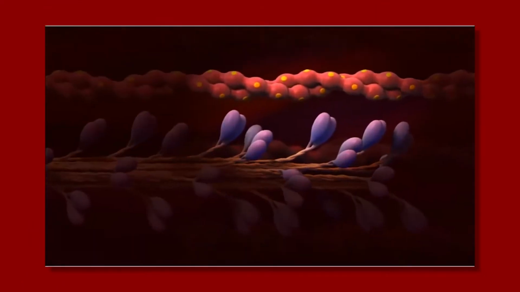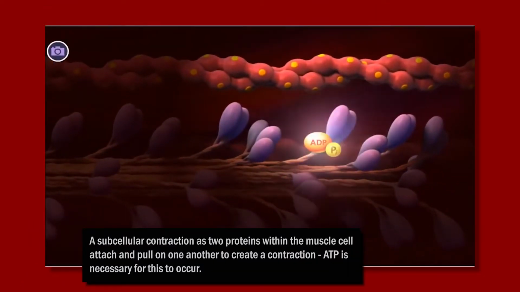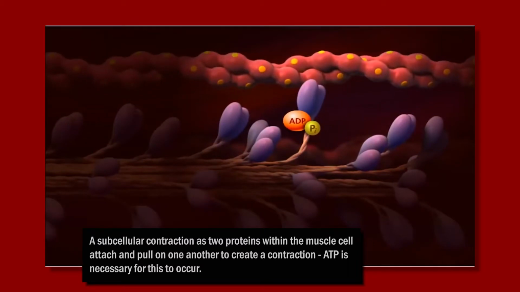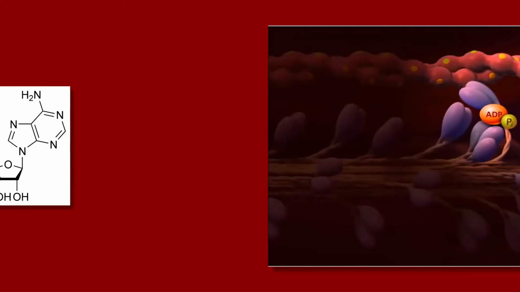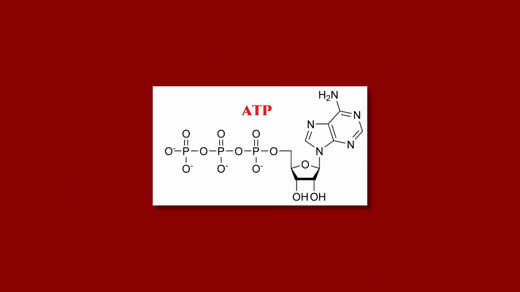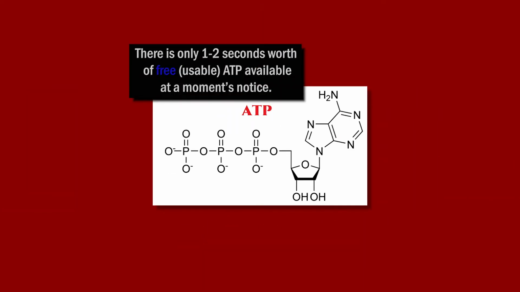As we know, ATP is the molecule necessary to make our muscles contract. We have a tiny amount of ATP at any given moment, and that ATP is used in a second or two of movement, not long enough for us to complete anything.